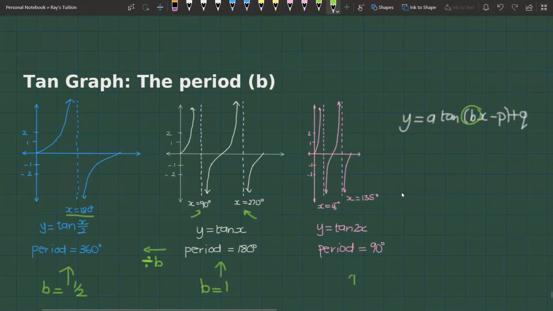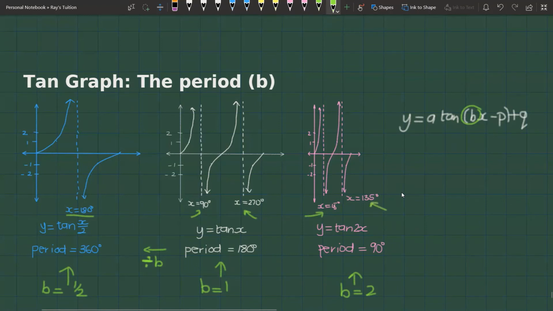This graph over here, the pink one, our b value, the coefficient of x, is 2. And you can see that it has been squished, it's been made a lot shorter. So a full graph happens in 90 degrees, and our asymptotes have also changed. They are at 45 and 135.